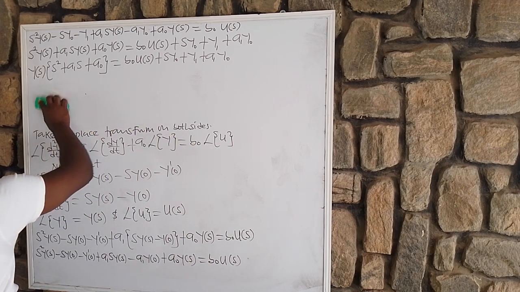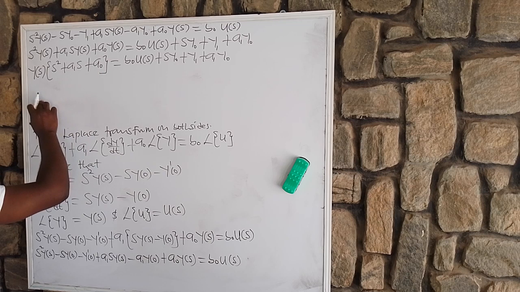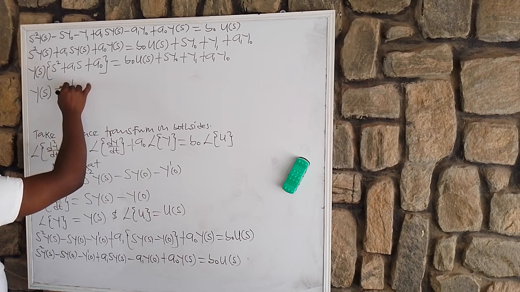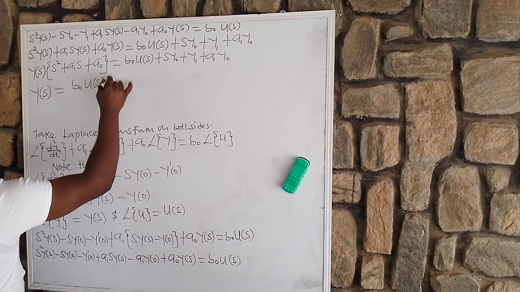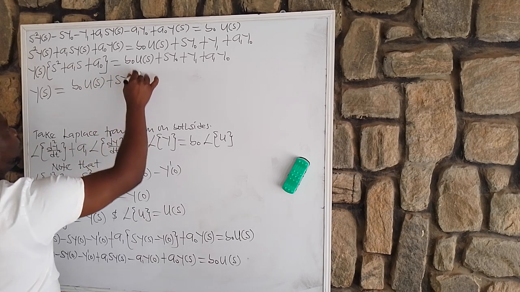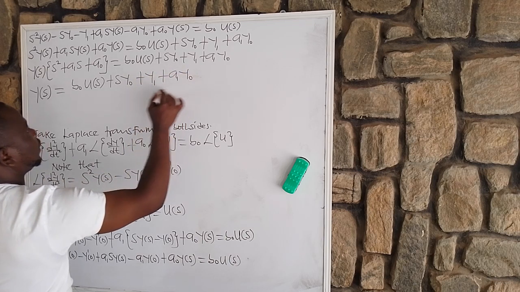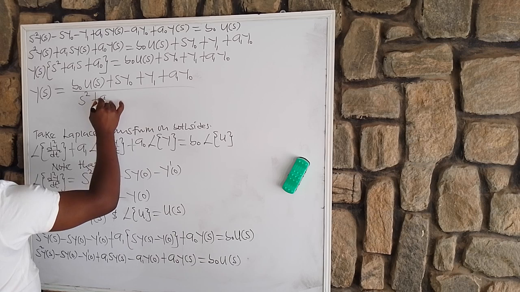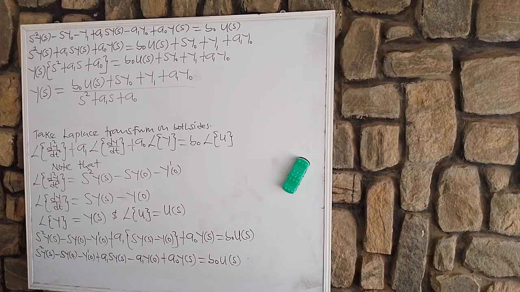For us to obtain our transfer function, we have to divide through by s squared plus a1 s plus a0. So Y(s) will now be equal to b0 U(s) plus s y0 plus y1 plus a1 y0, all over s squared plus a1 s plus a0.